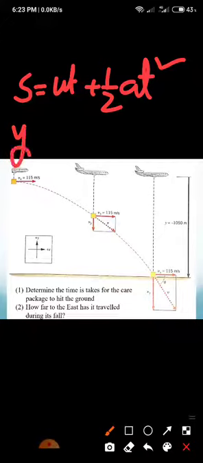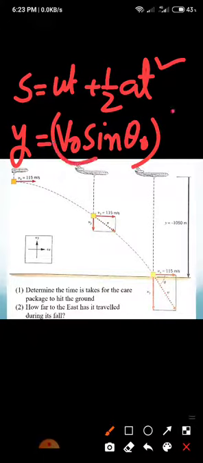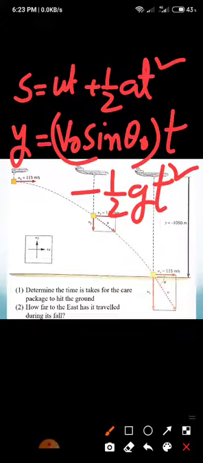So this is y equal to V naught sin theta naught t minus half gt square.